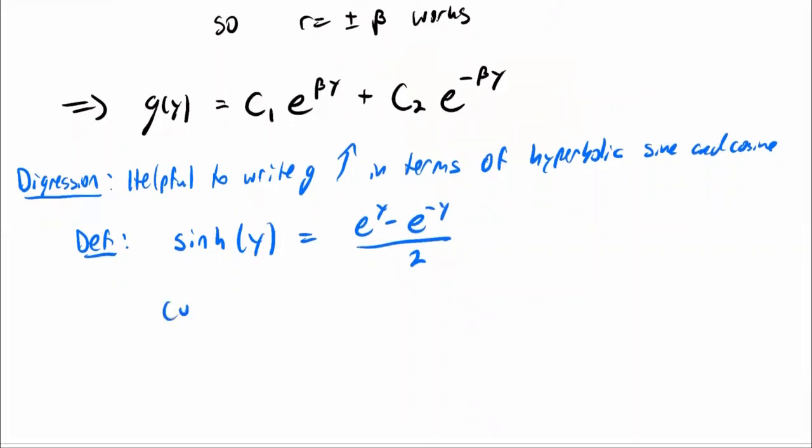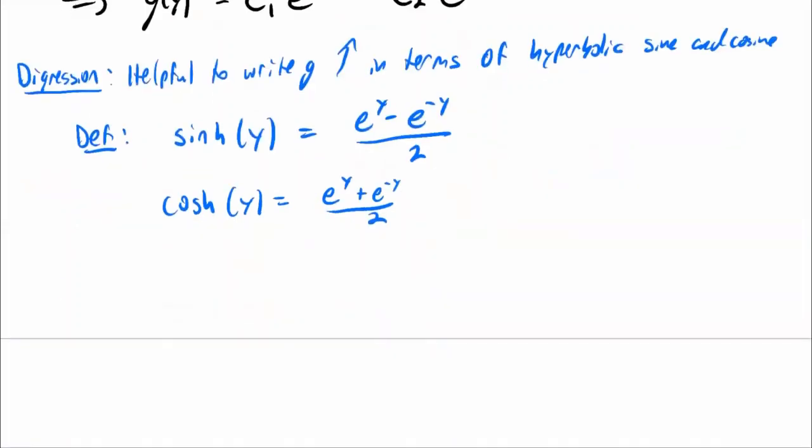And the hyperbolic cosine, sometimes pronounced cosh, of y is given by e to the y plus e to the minus y over 2. These formulas should look formally familiar if you think back to our complex definition of sine and cosine using complex exponentials. These are like the analogs if you don't have complex numbers, so these are just real numbers y. And so these are the definitions of hyperbolic sine and hyperbolic cosine.